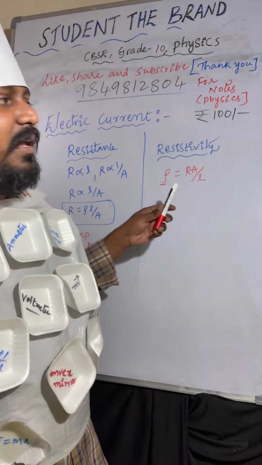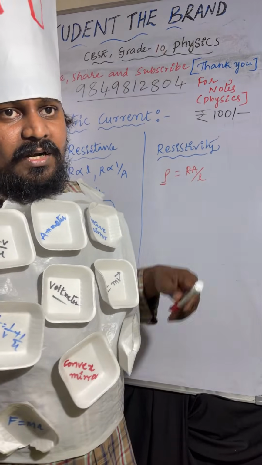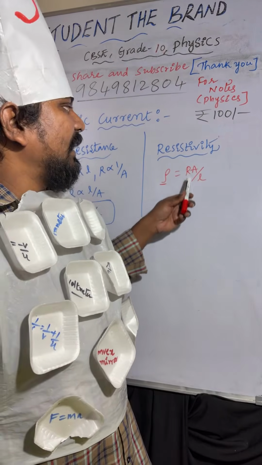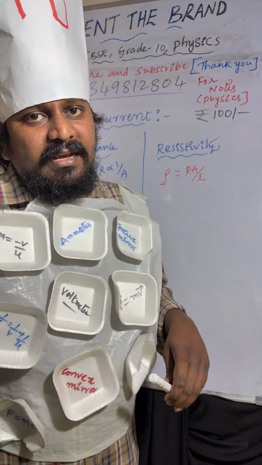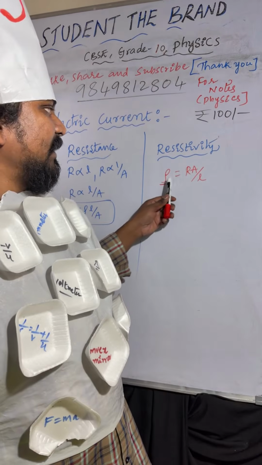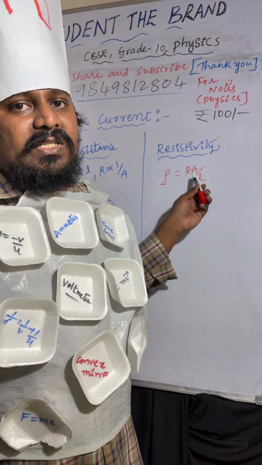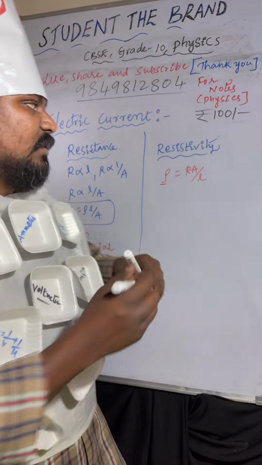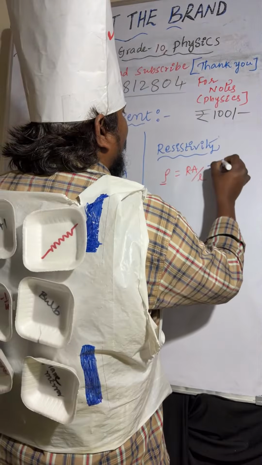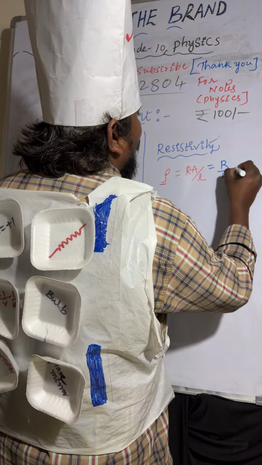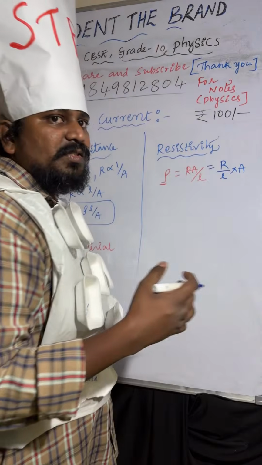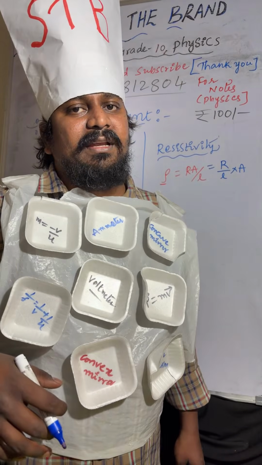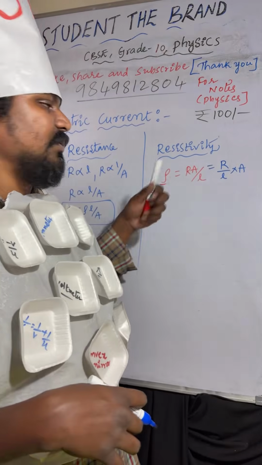Resistivity is equal to the resistance of the conductor per unit length and unit cross-sectional area. If you divide like this, you will easily get R by L into A. So that is the resistivity.